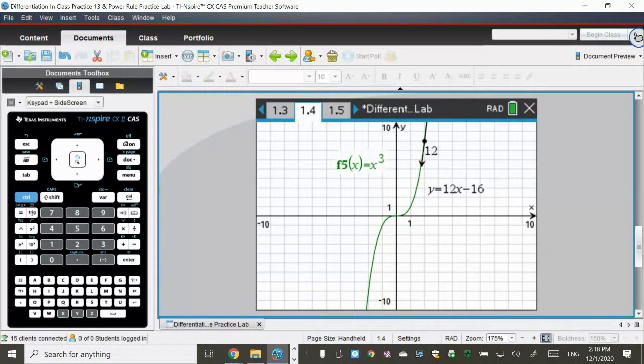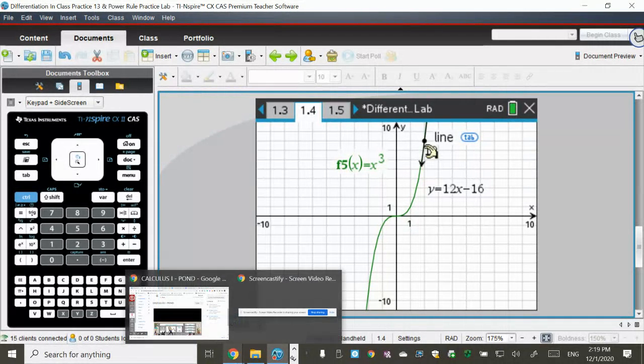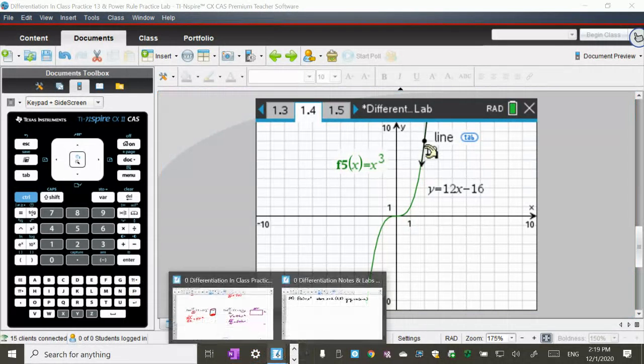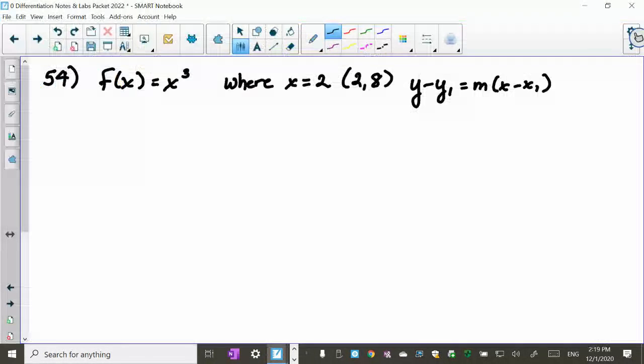I did exactly the steps I did last time. I found when x is 2, the slope is 12, which is pretty steep. And then I found the tangent line, going through the same steps. So I already know the slope is 12, and I already know my tangent line. That makes it nice. You just have to make sure you show me the calculus to justify that.